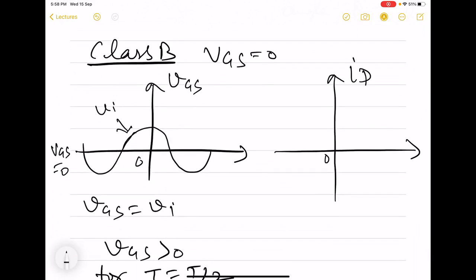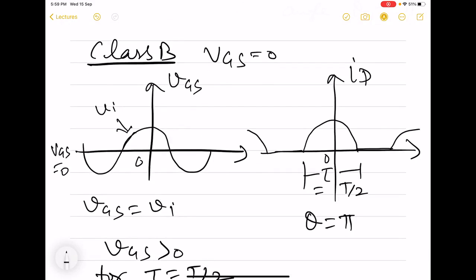So the current waveform is going to be like this. Here. So we see that this tau is equal to T by 2. That means theta is going to be equal to pi. And ID is 0 for the remaining half of the cycle. So this is for class B case.